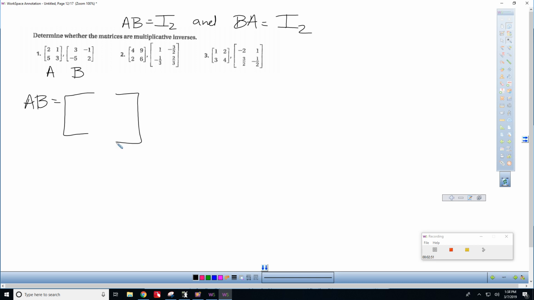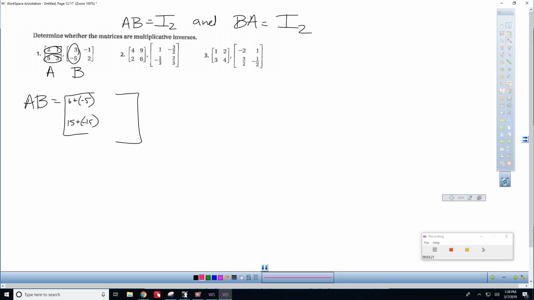2 times 3 is 6, plus, let's see, row by column. 2 times 3 is 6, plus negative 5. And let's go here, times this, 15. And then plus negative 15, off to a good start.